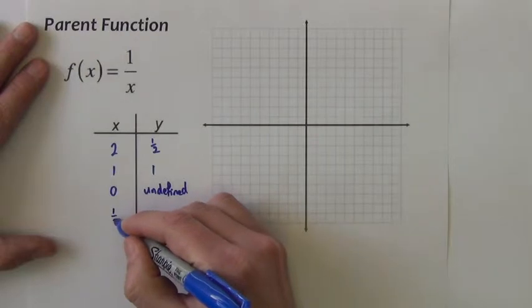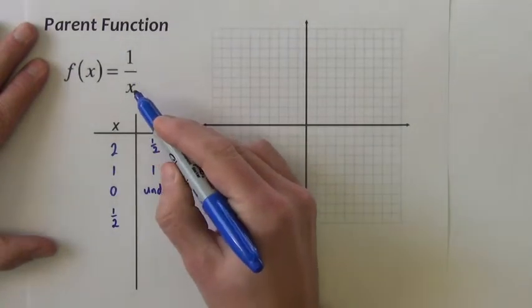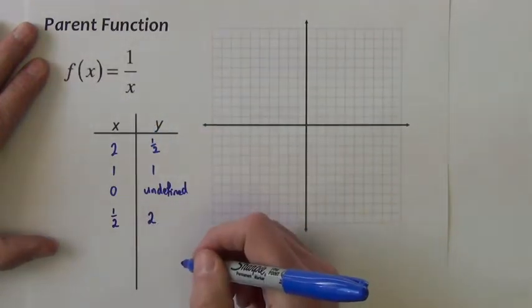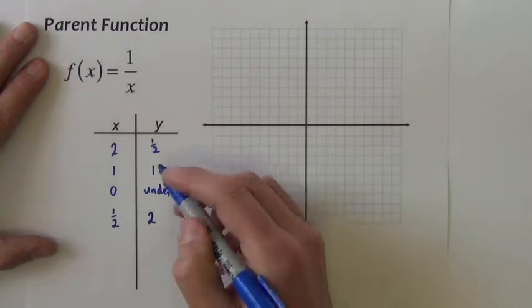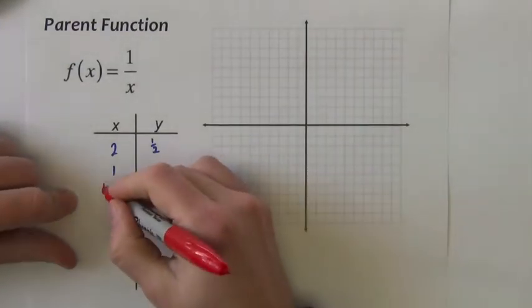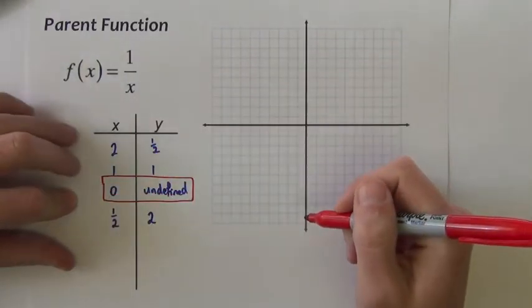What about when x is a half? 1 divided by a half comes out to be 2. Let's show these points on the graph so far. We'll come back and get some more here too. Let's start right here with this value.